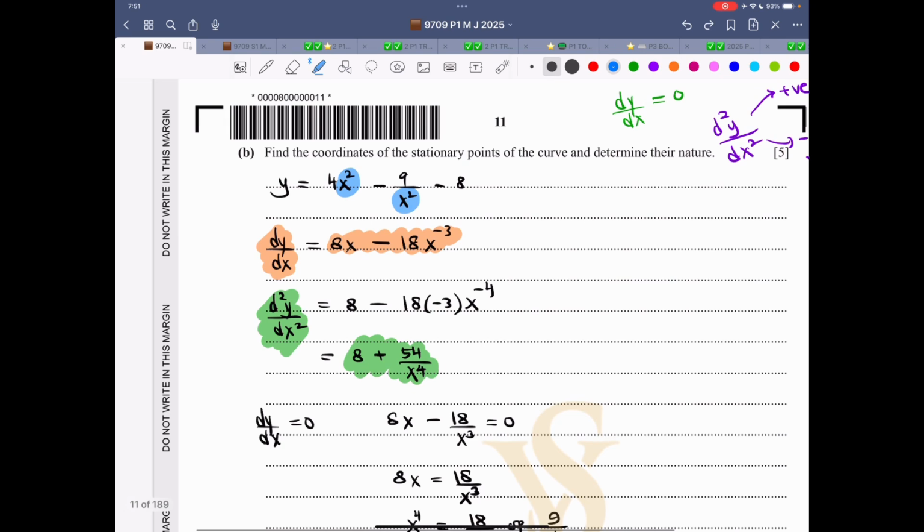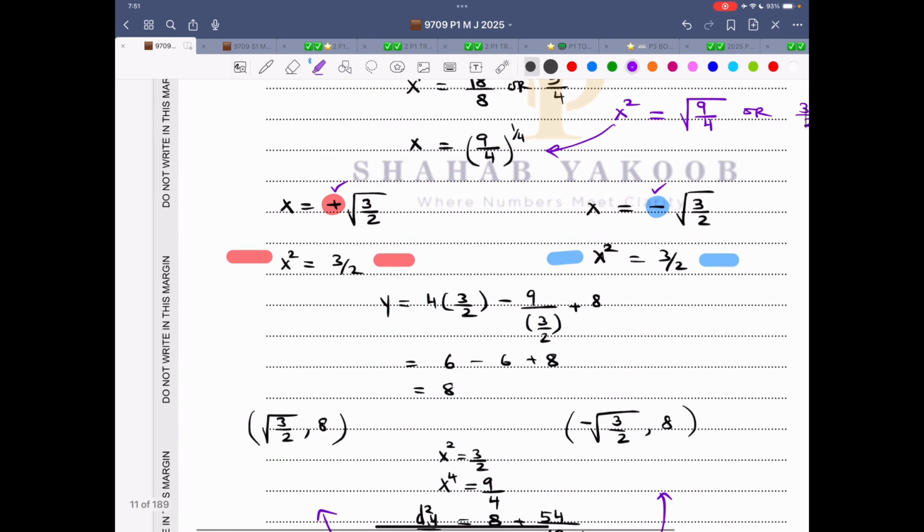Let me use a purple type of color, yeah, this purple would be good. So this is x squared over here, this is x squared over here, that is this thing, and this is what I'm plugging in over here. That is the y coordinate.